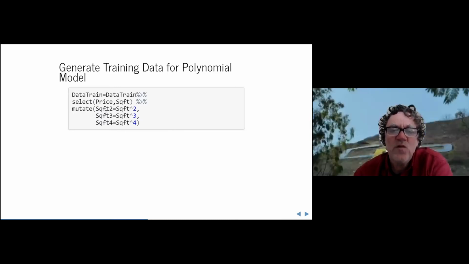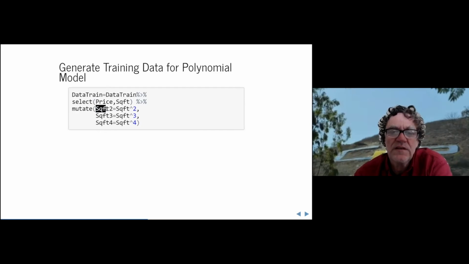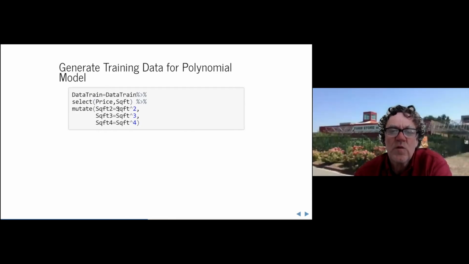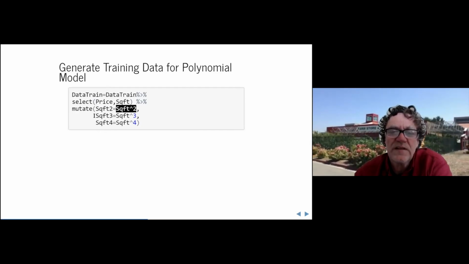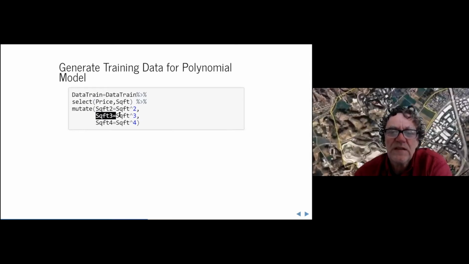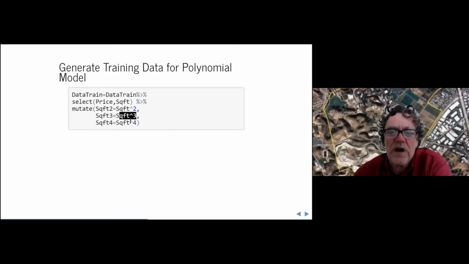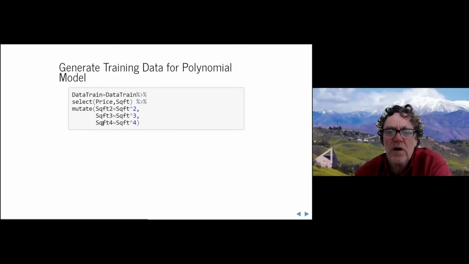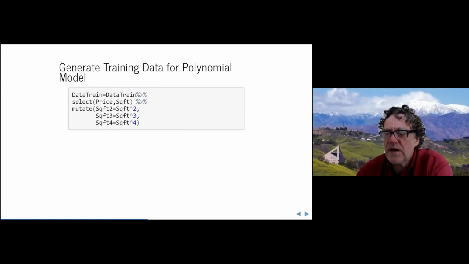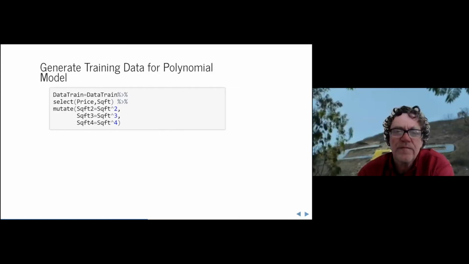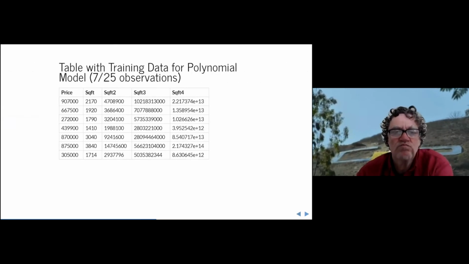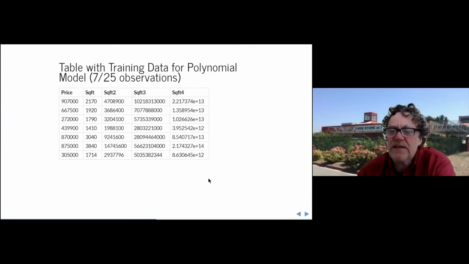Then I add new variables. I add a variable square feet 2, which is the squared square feet, square feet 3 is the square feet to the power of 3, and so on. If I look at my new data set, here it is. You see it has everything that I need and nothing else.